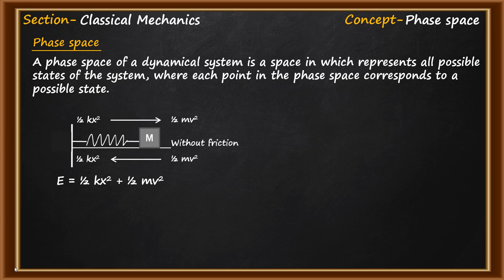When the position is maximum, px is 0, and when px is maximum, x is 0. So the phase diagram will be a clockwise ellipse like this. Now, this is the situation where the block of mass oscillates freely without any friction.